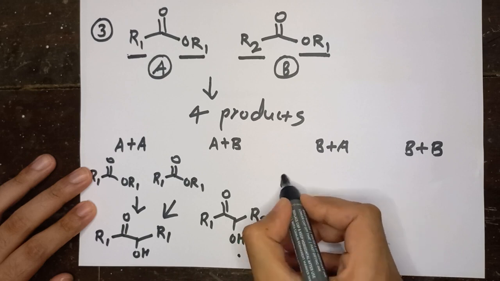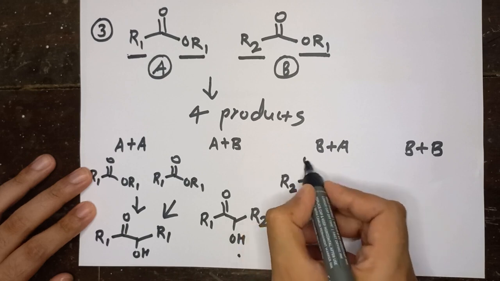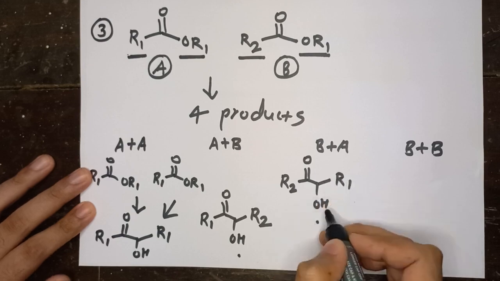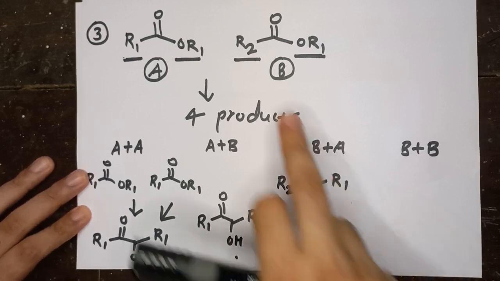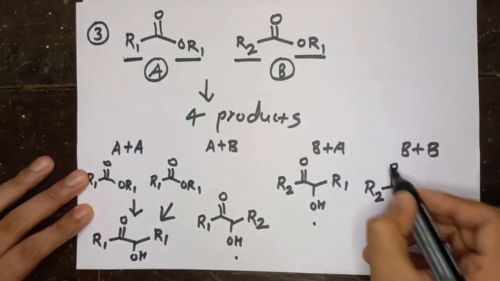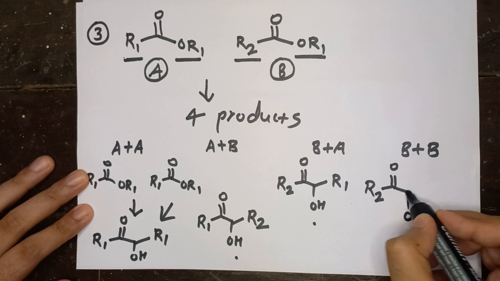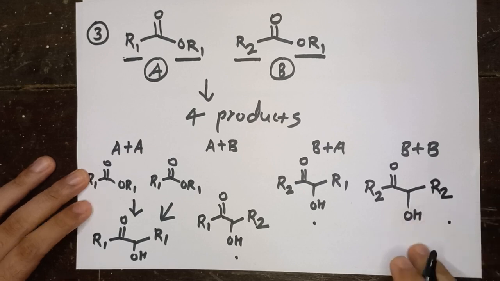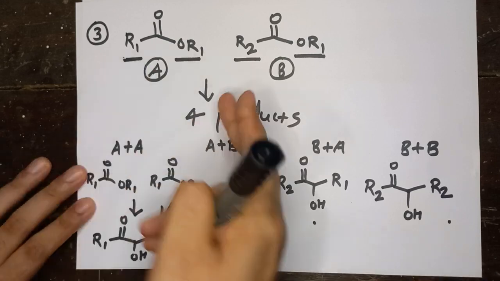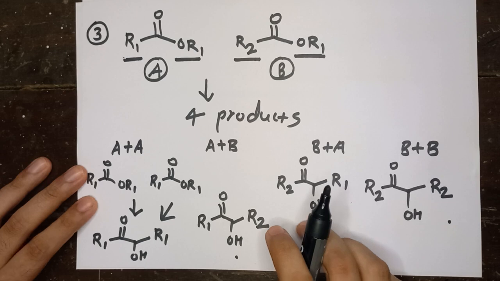So the third product will be this. And the fourth product when B combines with B, that will be this one. So I have discussed all possible questions you can get depending upon the similar R1 or different R1.